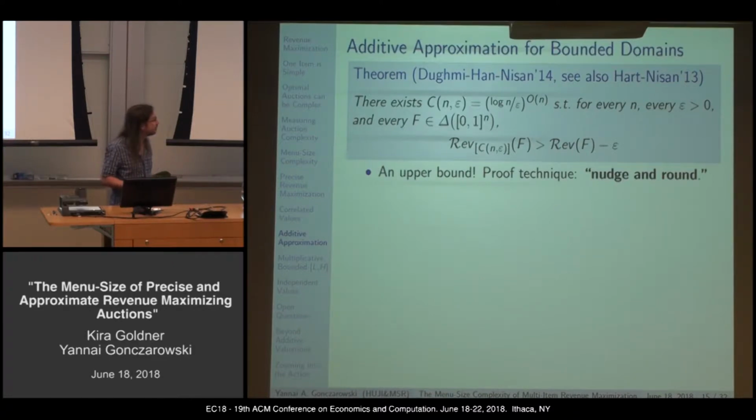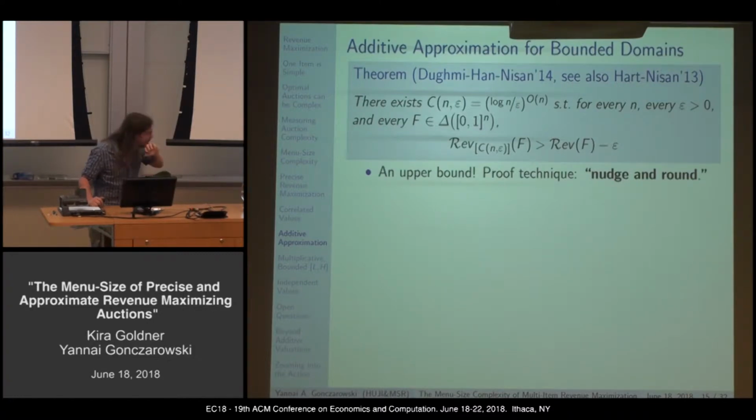The proof technique is something extremely useful, dubbed nudge and round. We're going to start with the optimal mechanism, then nudge it a bit, then round it a bit. Actually, we're going to nudge the buyer and round it a bit. We'll see soon.